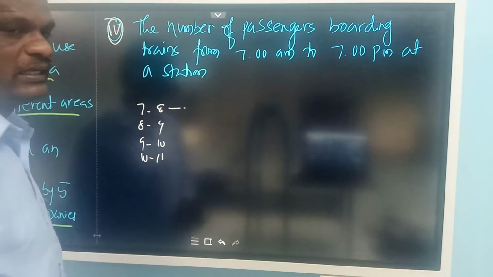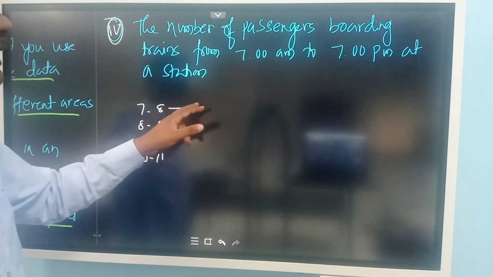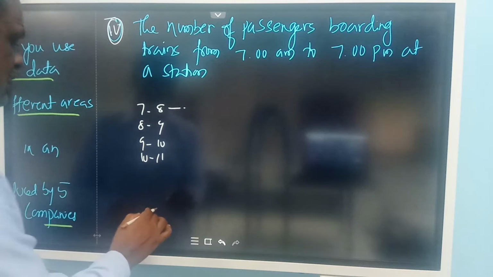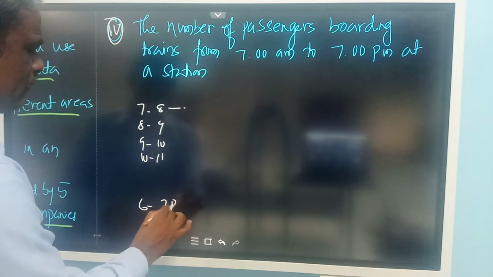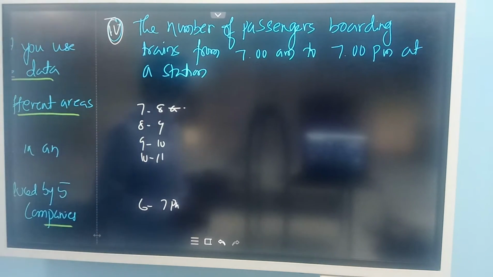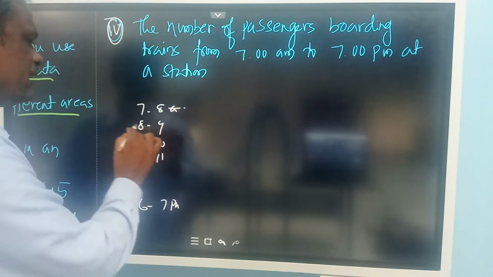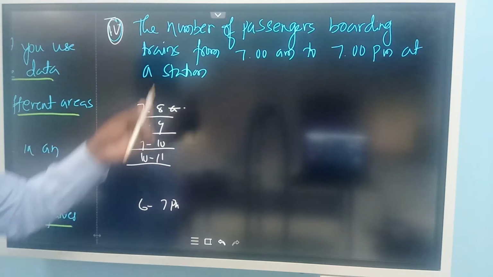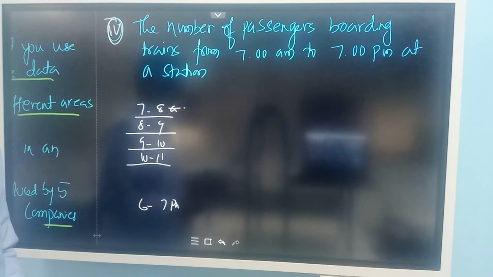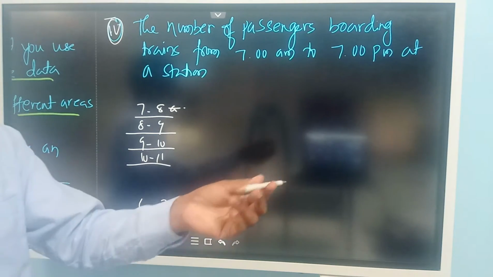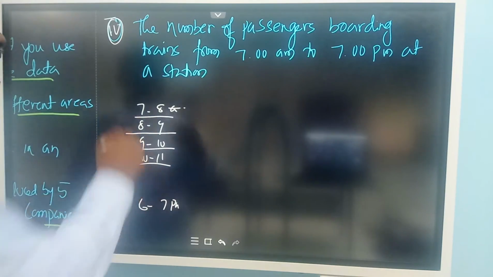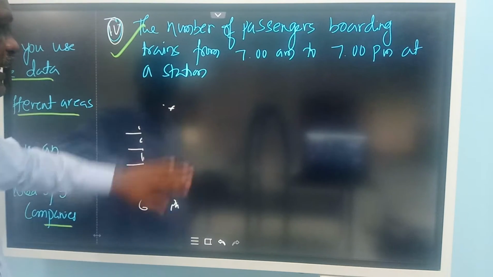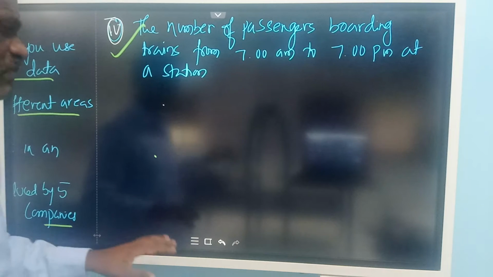Like that, time can be grouped here. 7 to 8, how many passengers boarded? 8 to 9, how many? 9 to 10, and so on up to 7 p.m. So we can group the data. You can make the class intervals and represent them along the horizontal axis. So this can be represented using the histogram. So this is the first question.